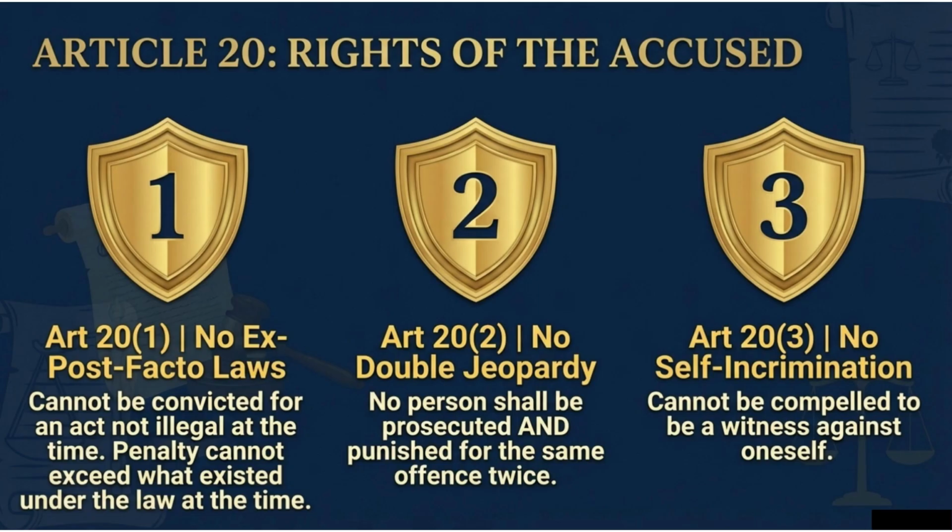No person shall be prosecuted and punished for the same offense more than once. The third is under Article 20(3), which says, no person accused of an offense can be compelled to be a witness against himself. This is the right against self-incrimination. All three of these are very clean, very exam-ready points.